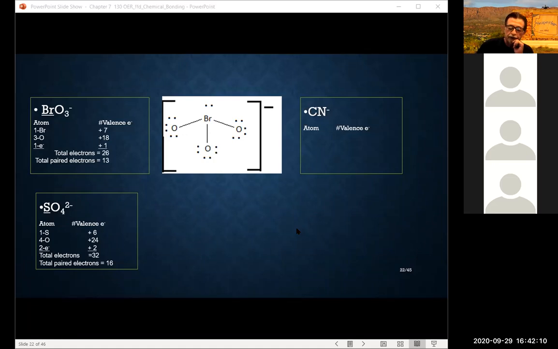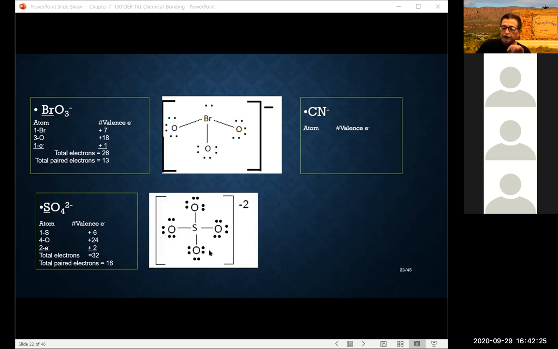Okay, and so now we got sulfur in the center, and we can very quickly draw the 4 oxygens around the central sulfur, and then put in the remaining, in this case, 12 electrons, because 4 of them are taken care of by the bond. Now we could, as you go through this, also check the octet. Make sure the octet has been fulfilled. You check to make sure you got the right number of pair of electrons, which in the first example we had 13, and here we have a total of 16.